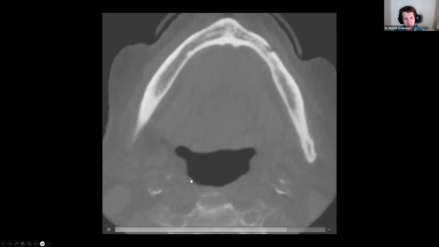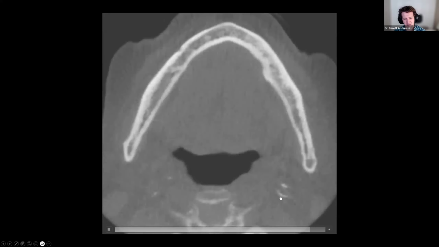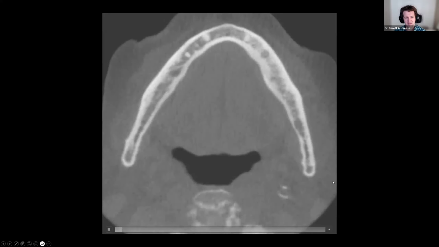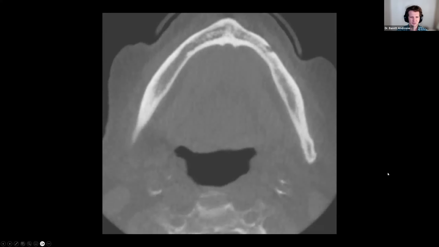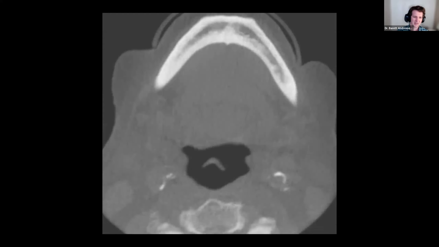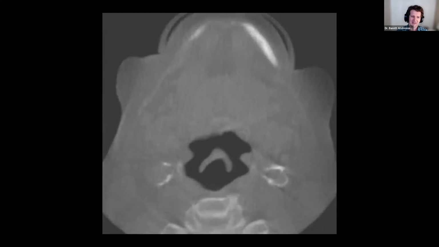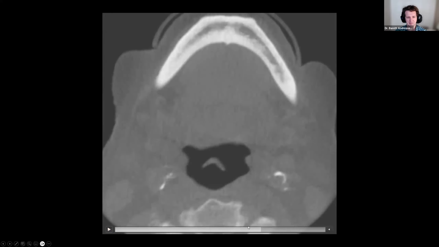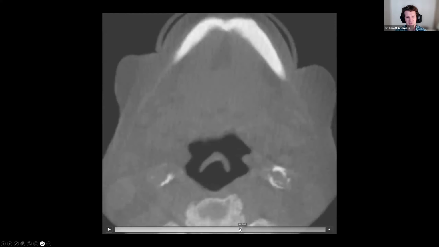So if we look at this bilaterally, we see some radiopacities here. They're not very well defined, they're not very smooth. They're very irregular, they're interrupted, and they don't quite look like nice normal anatomy. One of the other things that you'll notice is they're much further lateral to the airway.